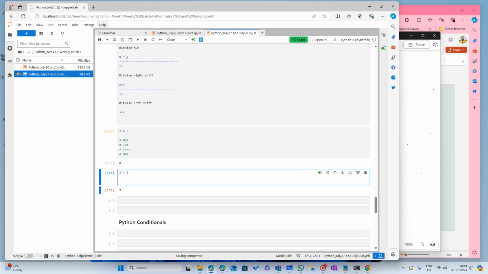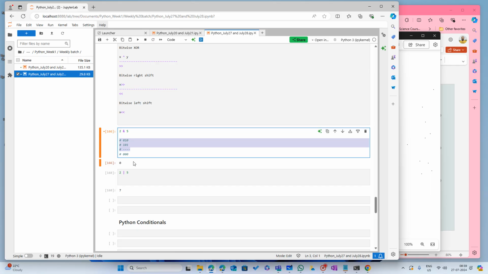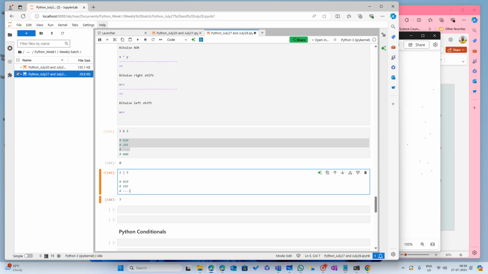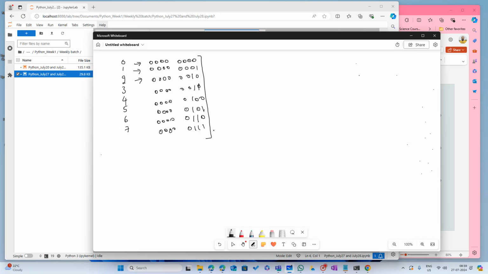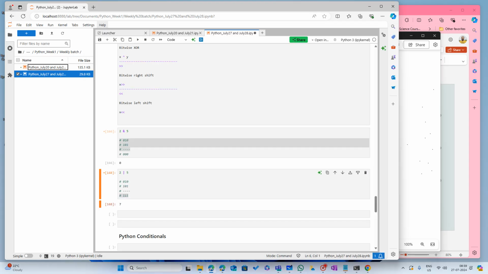That is because again, if you take the same thing and do the math, 0 or 1 is 1. 1 or 0 is 1. 0 or 1 is 1. I'm comparing this 0 with 1, this 1 with 0, and 0 with 1. And triple 1 is nothing but 7. So that's how you get 7 there.